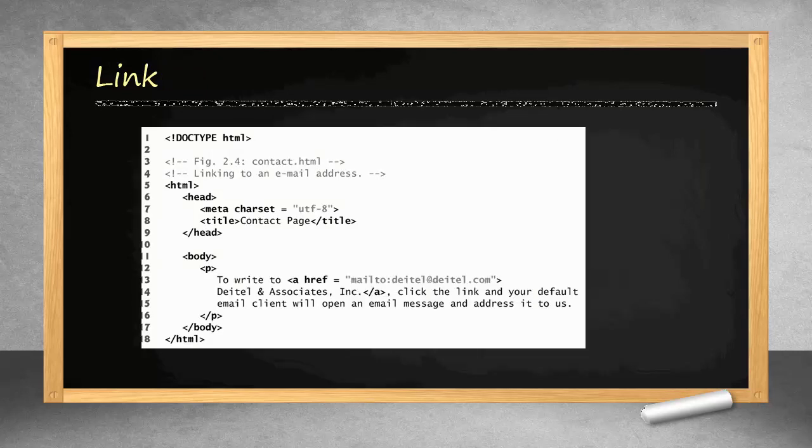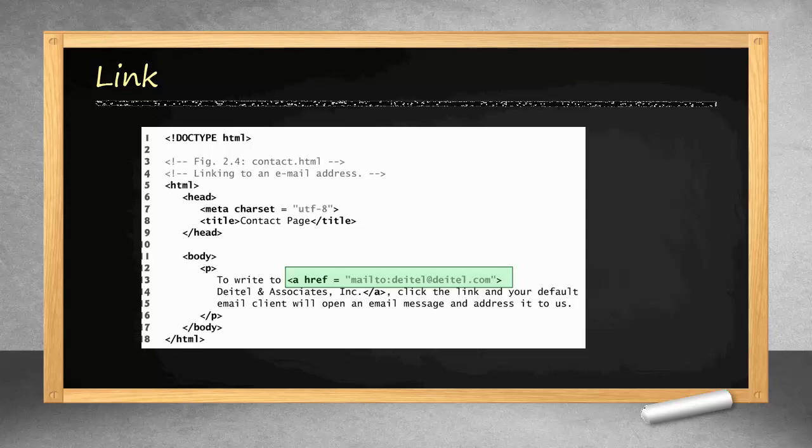As introduced before, anchors can link to email addresses also, using mailto plus the email address. Lines 13 to 14 contain an email link. The form of an email anchor is a href equal to double quote mailto, then the email address.